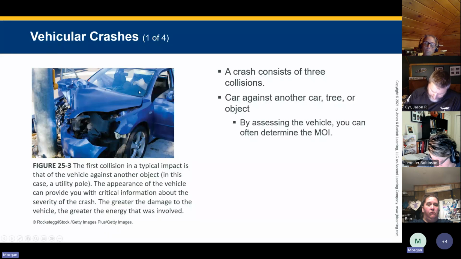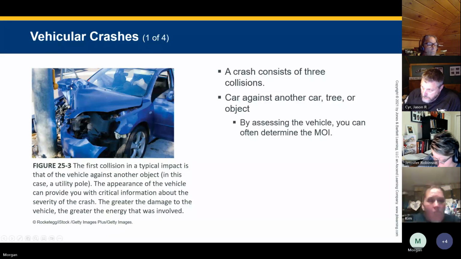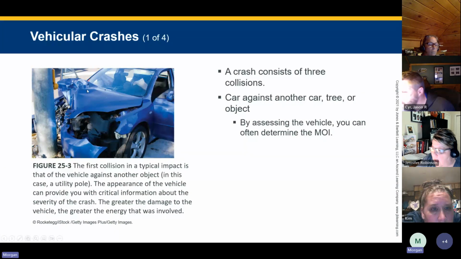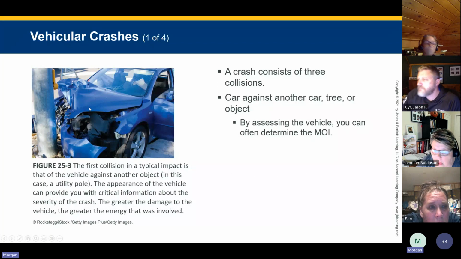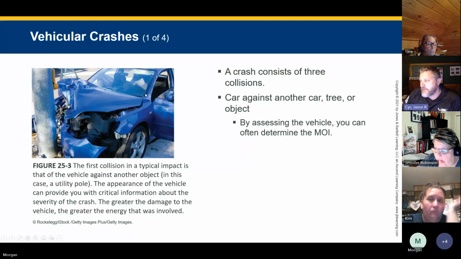I can't tell if there's starring on that or if it's just a broken windshield. But what would you think some of the injuries would be for this vehicle or the driver? Chest, possibly a head injury, chest and head. Yeah, definitely the chest, because the airbag would go into the chest. I'm thinking lower extremities.